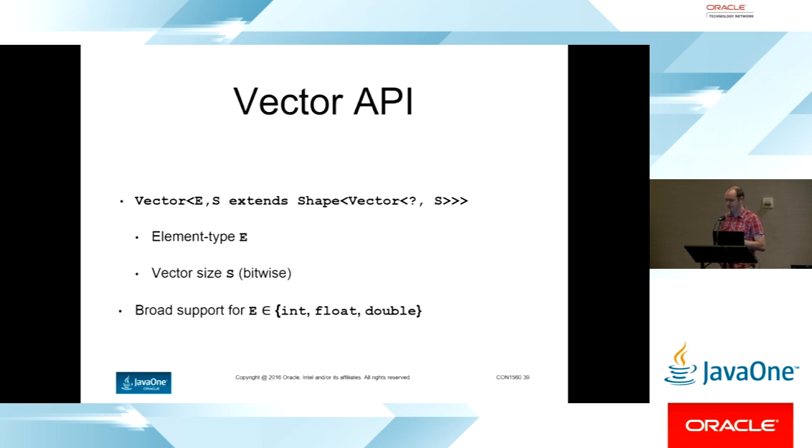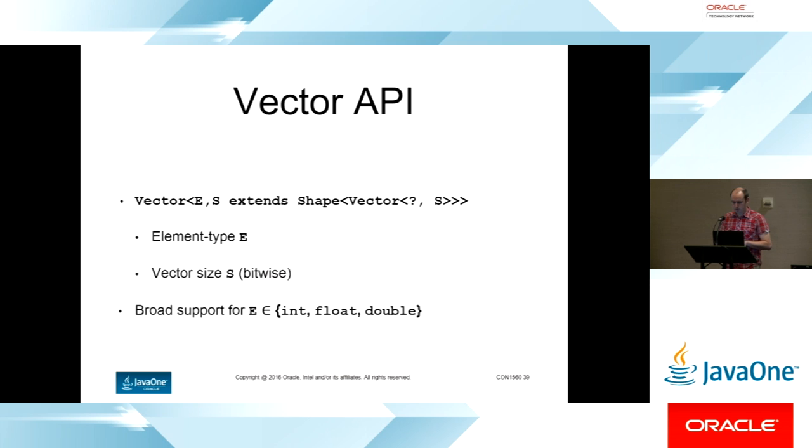But in this case, we're sticking to bitwise length. So the element type E is just your int, your float, your double. So in the case of AVX, and your mileage is going to vary based on what ISA you're operating on in the real world, but broad support generally is seen for int, float, and double. Again, there's some variation there, but we have been centering around those types.